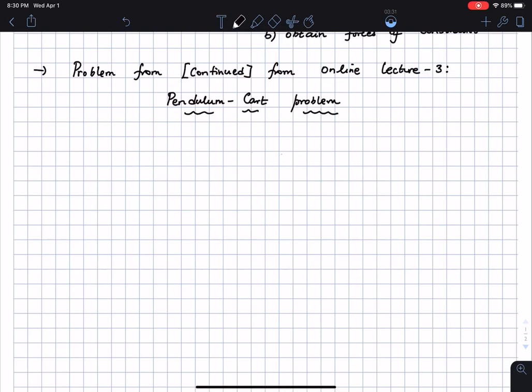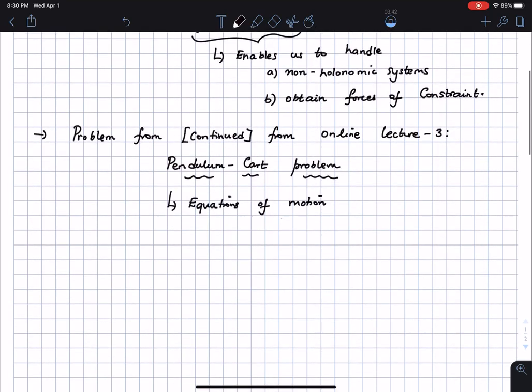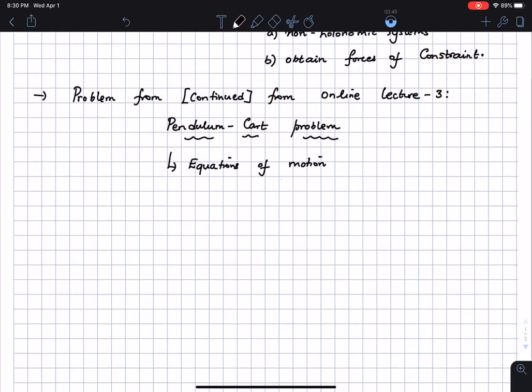Our aim here was to obtain the equations of motion, and this pendulum cart system was having a lot of non-conservative forces or torques applied, and our aim is how to handle these kinds of things. Okay, we wanted to know how to handle these kinds of non-conservative forces and torques.